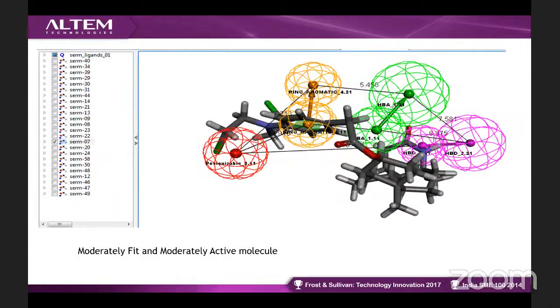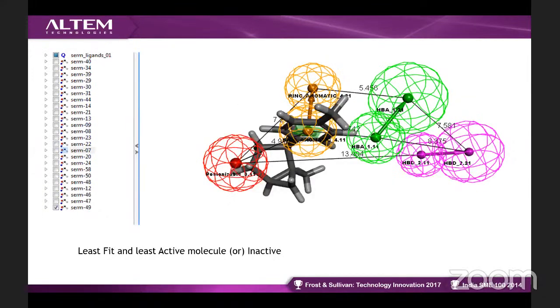And moderately fit molecules. That means one of the pharmacophores is missed. You can see here, this pharmacophore is missed, and it is not matching with that. So if that is the case, it is not matching with one of the pharmacophores, and we call it a moderately fit molecule. Inactive. Inactive in the sense it might have missed. See here, these two pharmacophores are totally missed out.